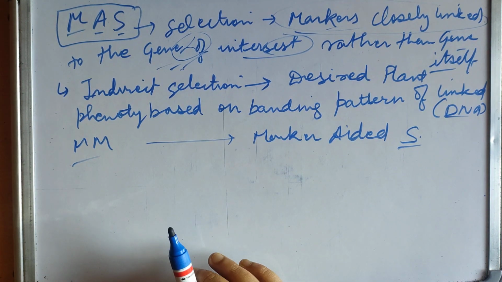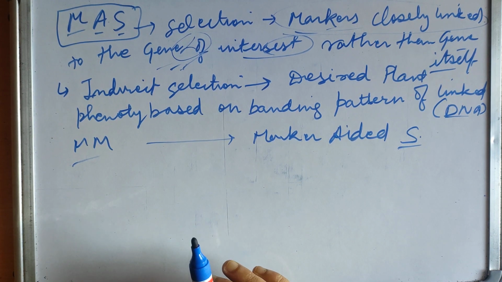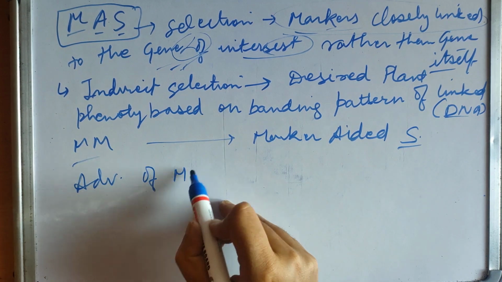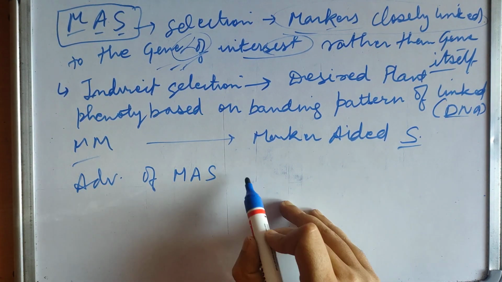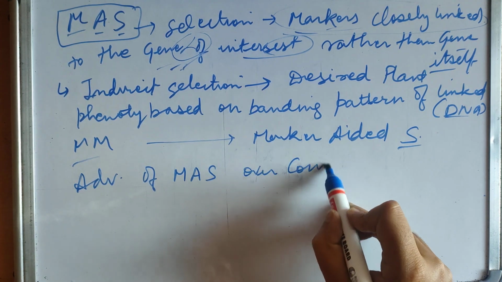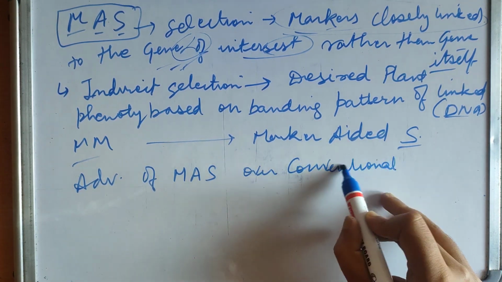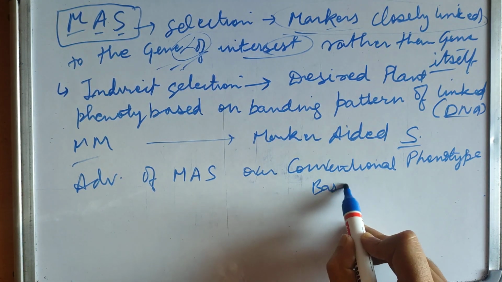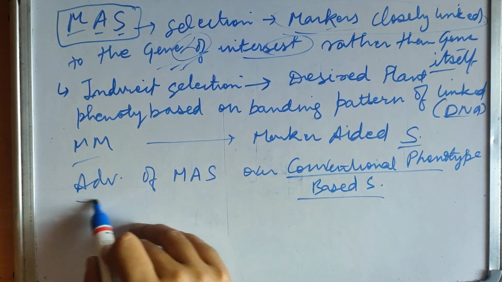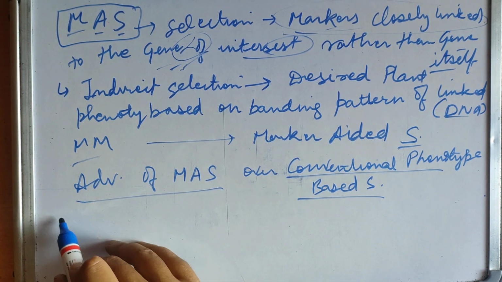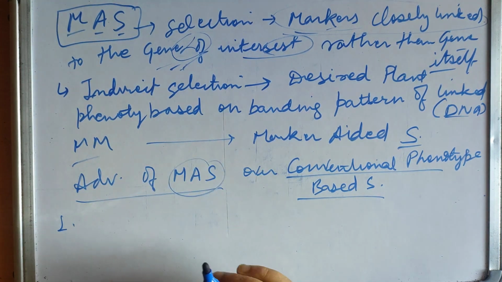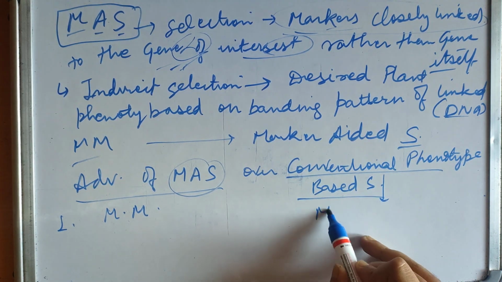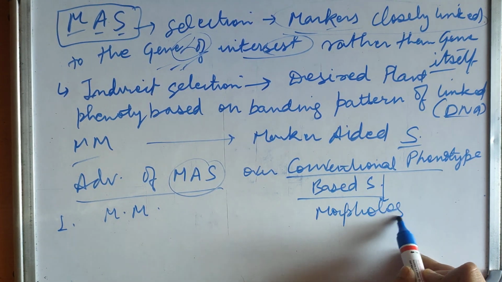Now, what is the advantage of marker assisted selection over conventional phenotype based selection? First, in marker assisted selection we use molecular markers, but in conventional selection we use morphological markers.